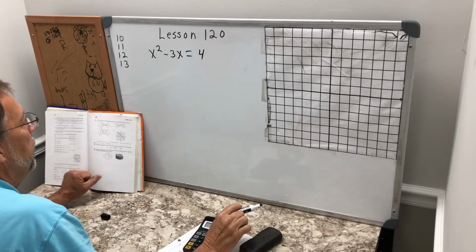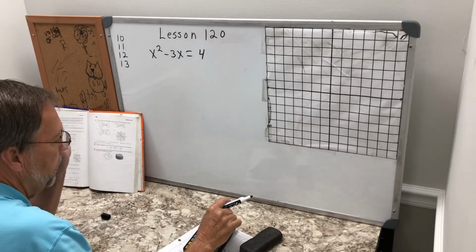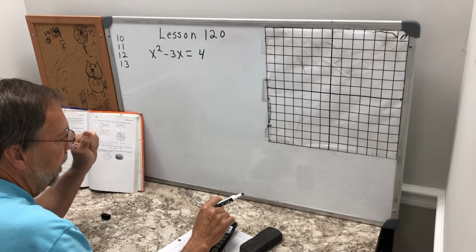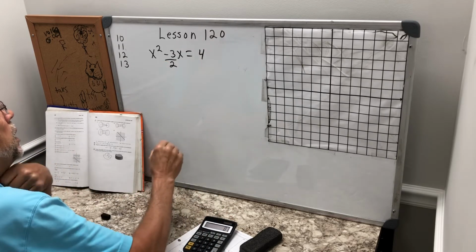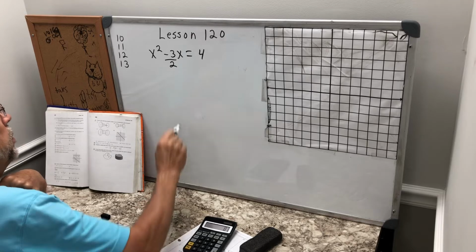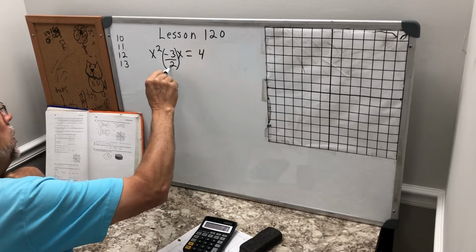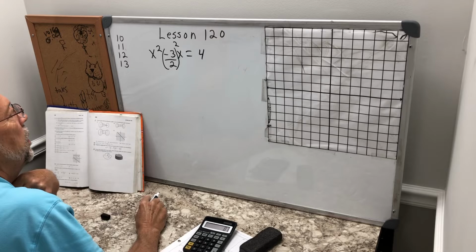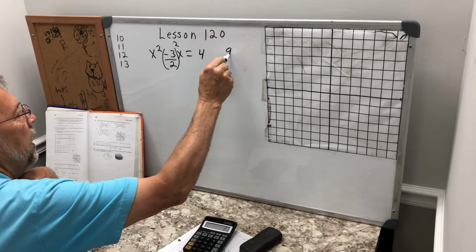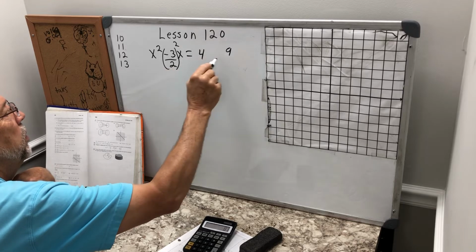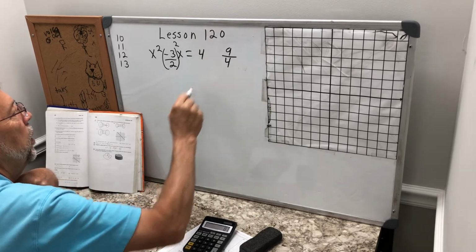Completing the square, step number 1. Always keep this in mind, step by step by step. Number 1, place the 2 under the 3. Number 2, square this fraction. Negative 3 times negative 3 is a 9. 2 times 2 is a 4.